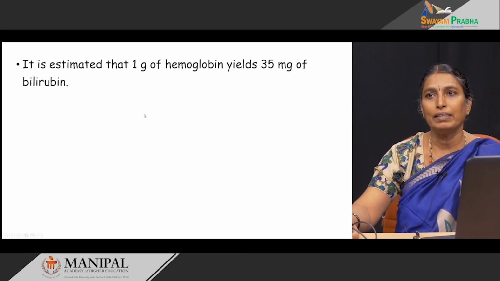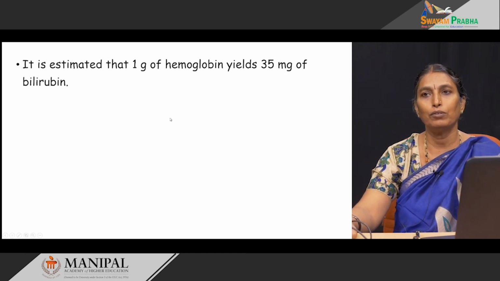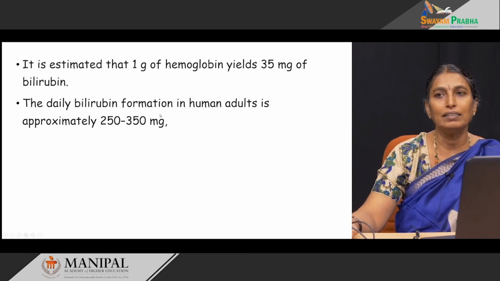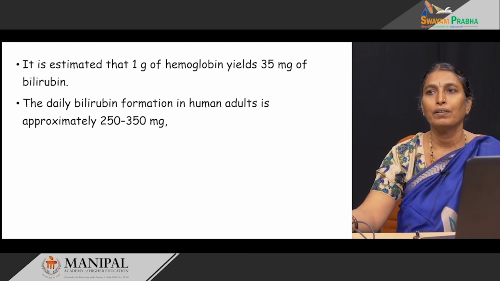It is estimated that approximately 1 gram of hemoglobin yields 35 milligram of bilirubin. And we learned that nearly 6 gram of hemoglobin turnover happens per day.